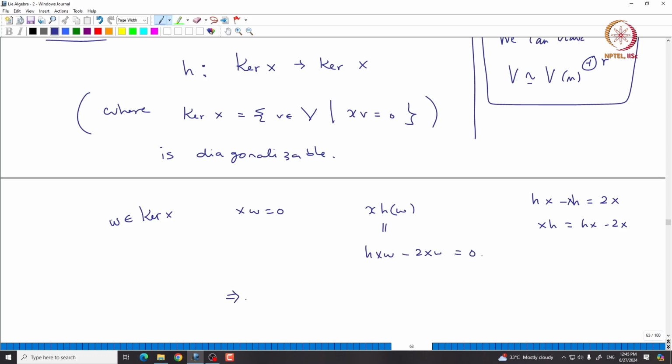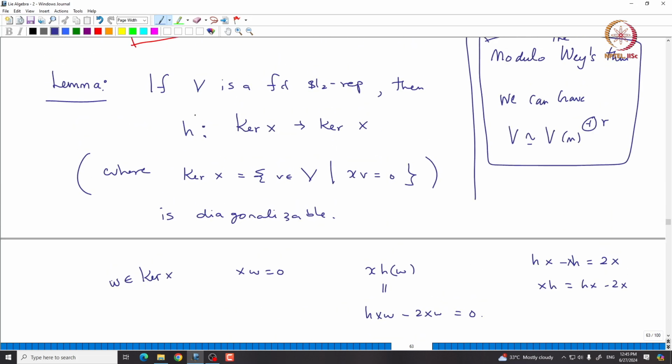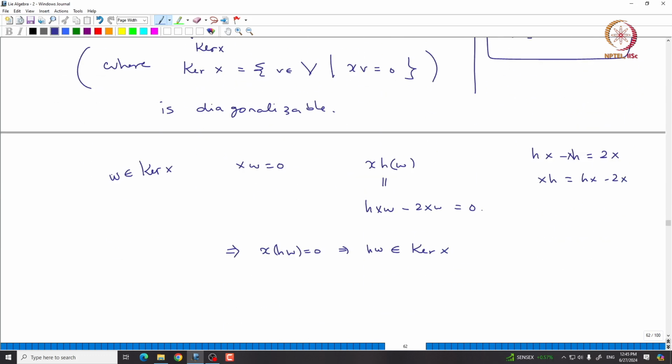So this forces X H w to be 0, that means H w is again in the kernel of X. So when you restrict H to kernel X, it defines an operator from kernel X to kernel X. That is an easy exercise, we have done it.